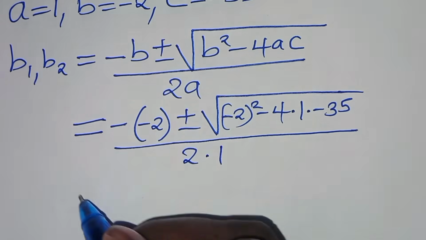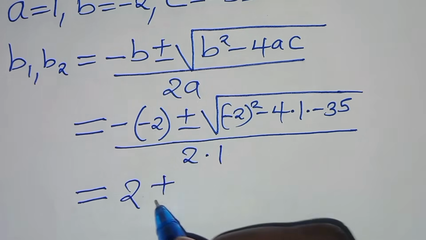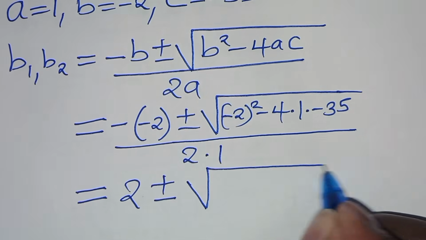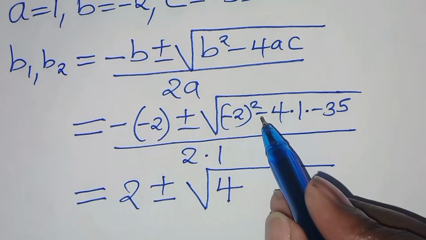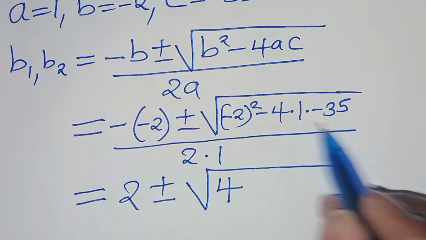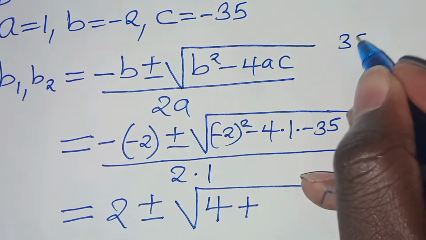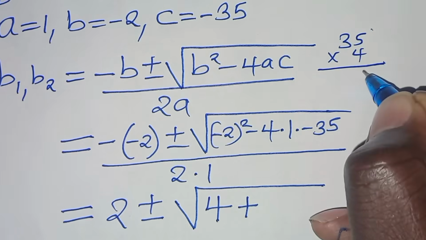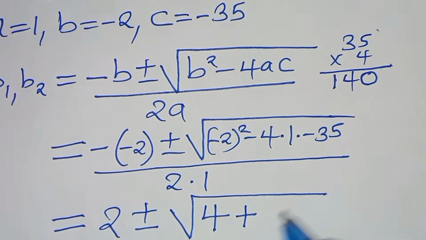The next step from here, we have minus times minus 2, this is 2 plus or minus the square root of minus 2 squared, which is equal to 4. Then minus 4 times minus 35, this is plus 35 times 4. This is 20, 0 carry 2, then 4 times 3, 12 plus 2, this is 140.